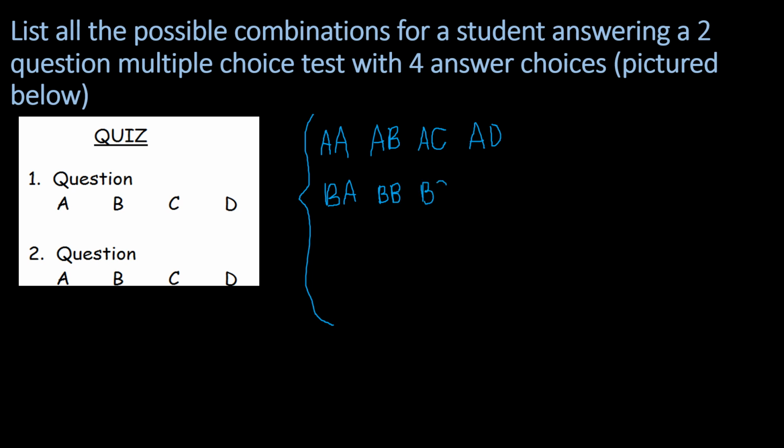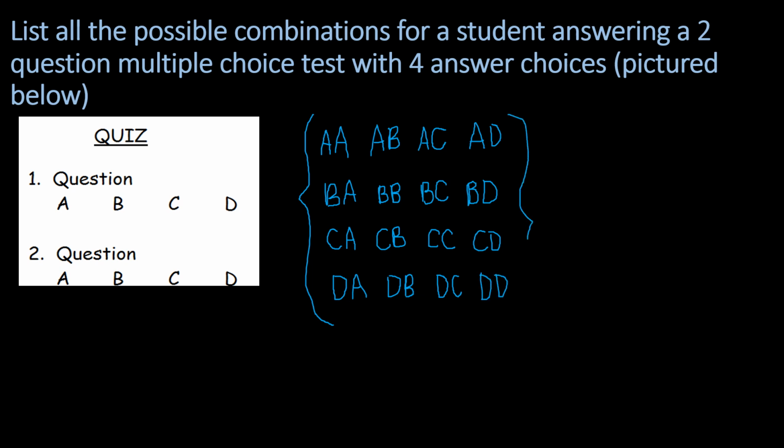B, C, B, D. Okay, we could do C, A, C, B, C, C, and C, D. Okay, and then we could do D, A, D, B, and D, C, D, D. So those are all the possible combinations.